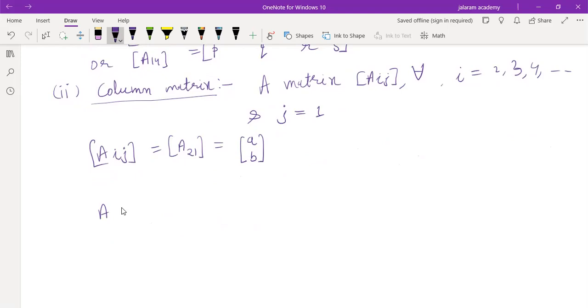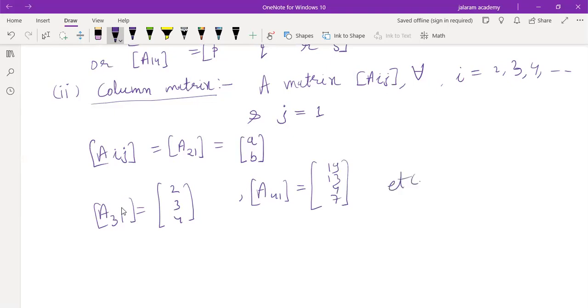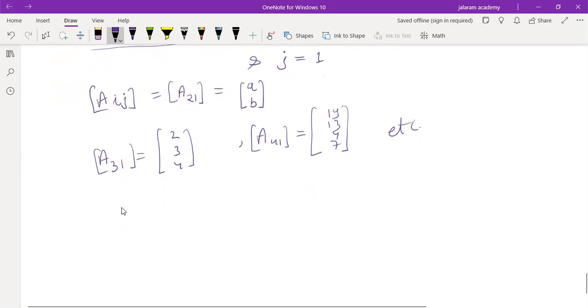The arrangements are different for both. 3, 1; 2, 3, 4; 4, 1; 19, 13, 4, 7 etc. are examples of column matrix.